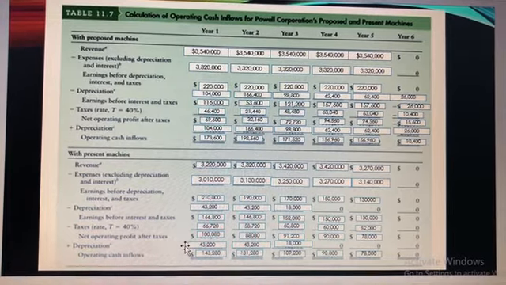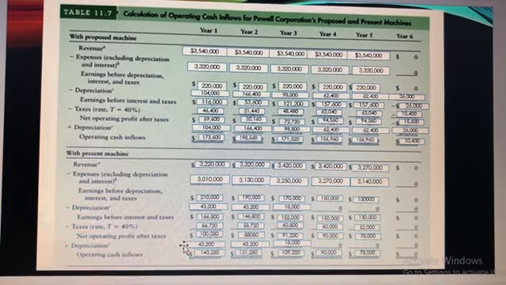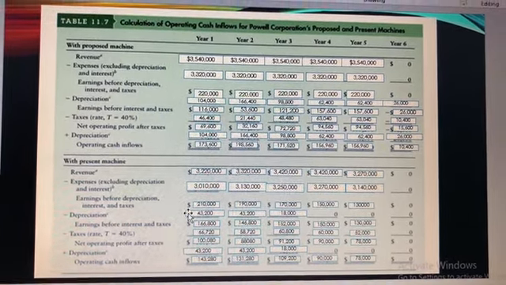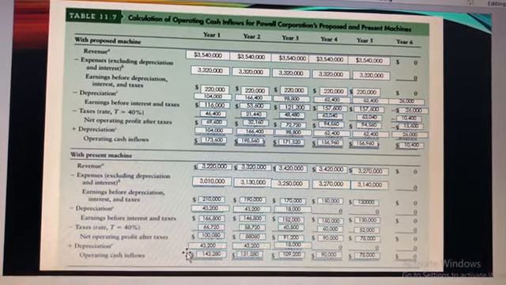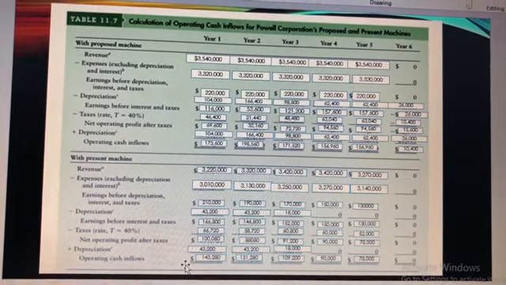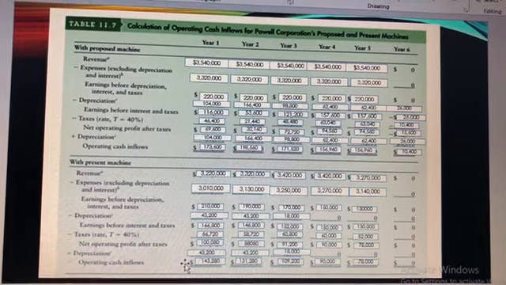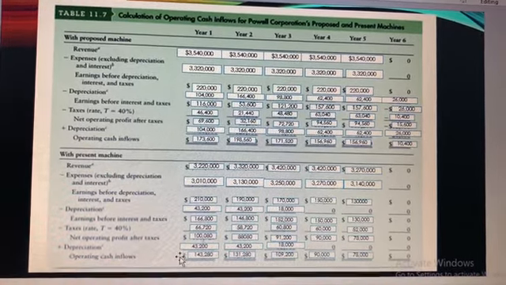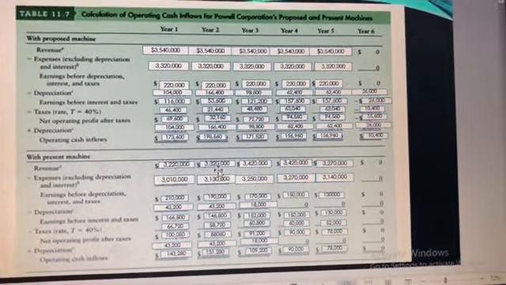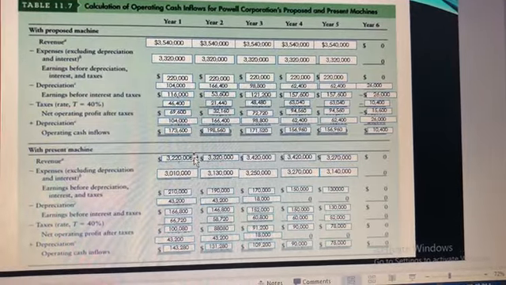And we're gonna add our depreciation of 43,200, which is also the same as the depreciation here, and that's gonna give us our operating cash inflows of 143,280.